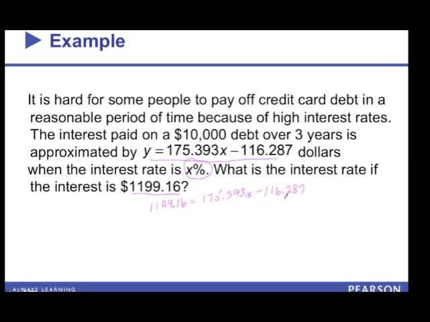Adding the 116.287 to both sides, I end up with 1,315.447 equals 175.393x, dividing by the 175.393 term. x turns out to equal 7.49997, and it's more.